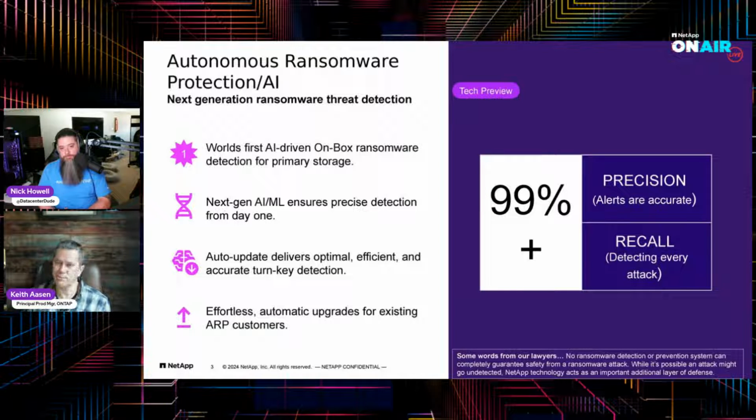This really brought up both the precision, so we're not false triggering, and the recall, so we're actually detecting when an attack is really occurring. Both of those are now over 99%. Yeah, it's not a Chicken Little or Cry Wolf scenario where you get numb to the alerts. Exactly.